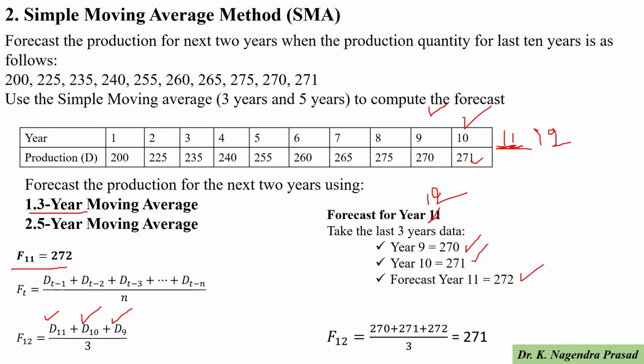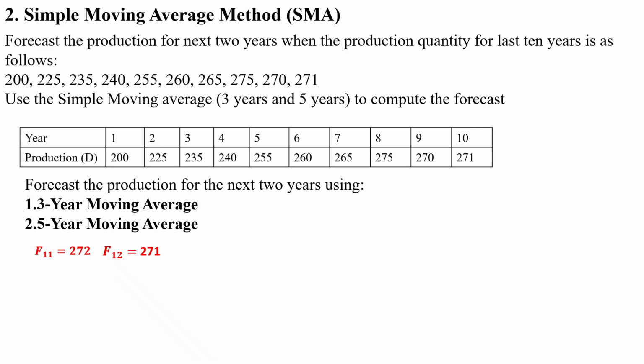Then F12 equals (270 + 271 + 272) divided by 3, which is equal to 271. So we calculated the 11th year and the 12th year forecasted production quantity by using the 3-year moving average. The values are F11 equals 272 and F12 equals 271.